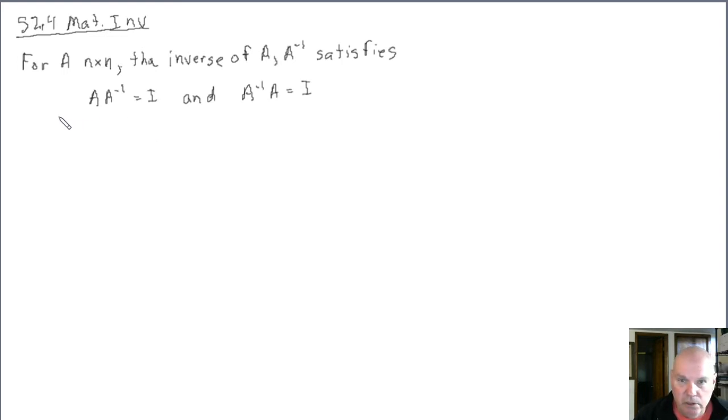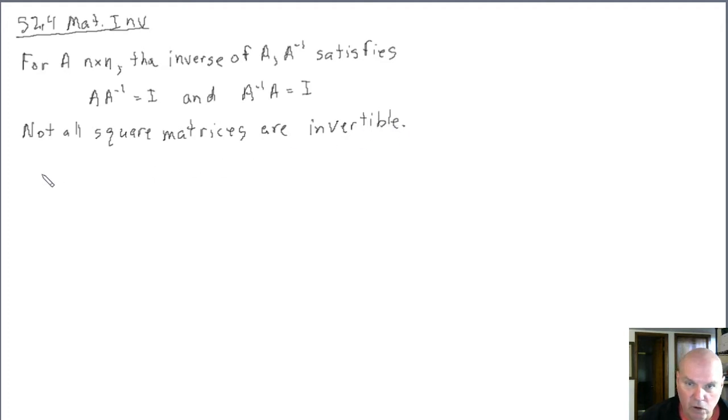It is true too that only square matrices have inverses, but not all square matrices are invertible. So A inverse doesn't exist for all square matrices.